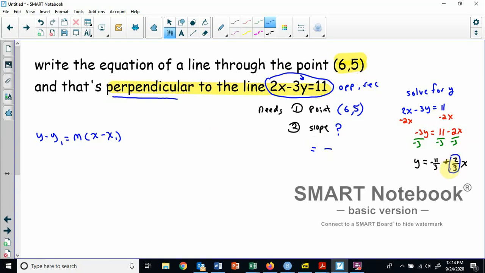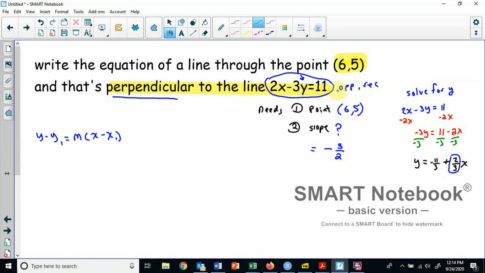This one's 2 over 3. My slope will be 3 over 2. Okay, the opposite reciprocal of this slope, because this line is perpendicular to our line.